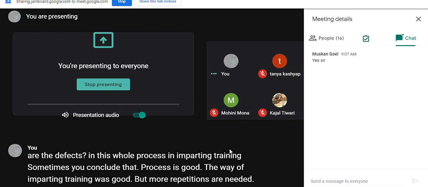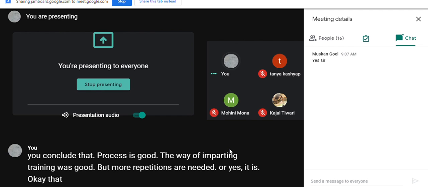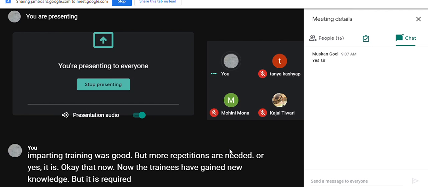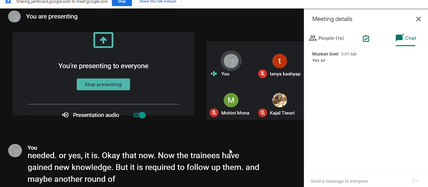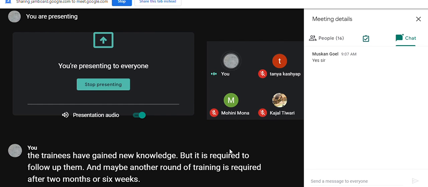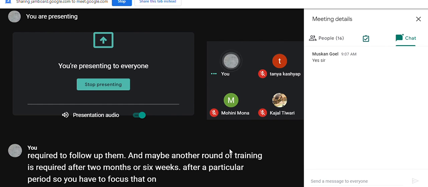Or, yes, it is okay that now the trainees have gained new knowledge, but it is required to follow up with them, and maybe another round of training is required after 2 months or 6 weeks, after a particular period. So you have to focus on that also.